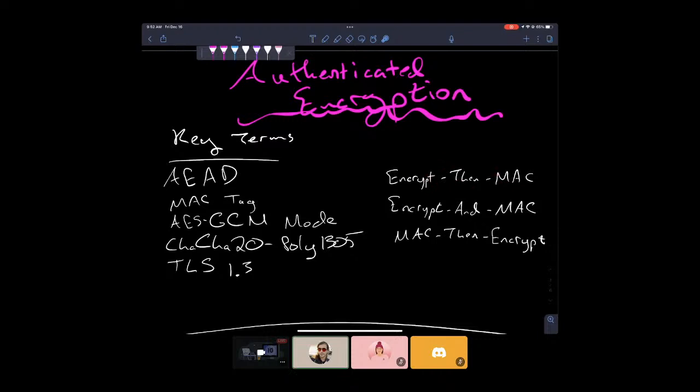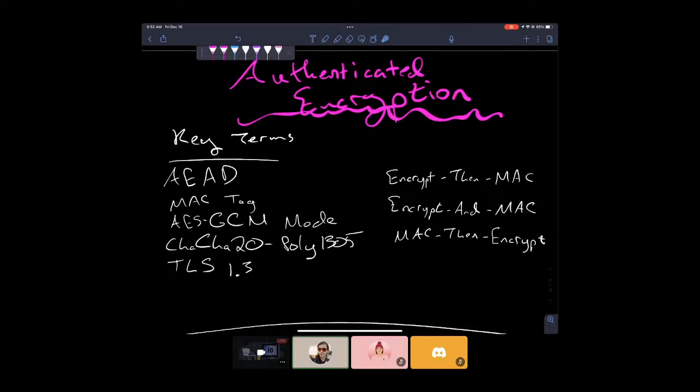And there's a reason for that. It turns out that if your MAC is on the outside, that is you get the MAC directly on the receiving party's end, you don't have to decrypt and then authenticate, which means there's one more step than if you could just authenticate the ciphertext.